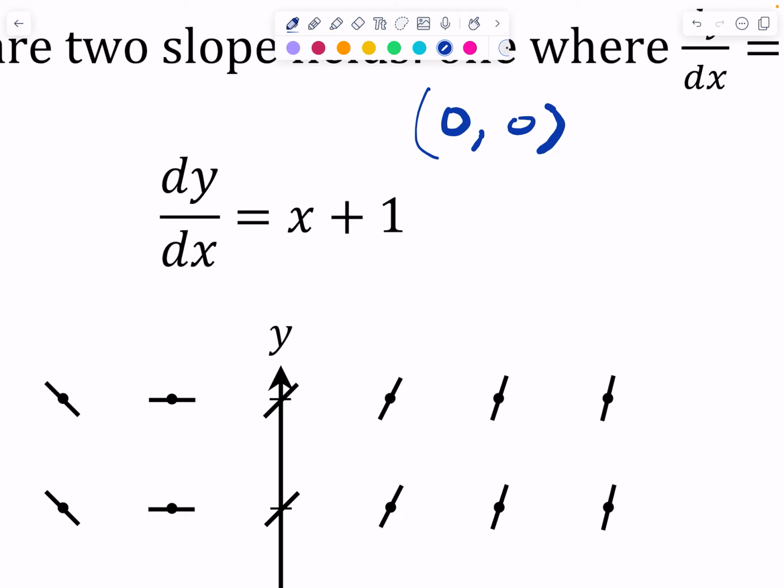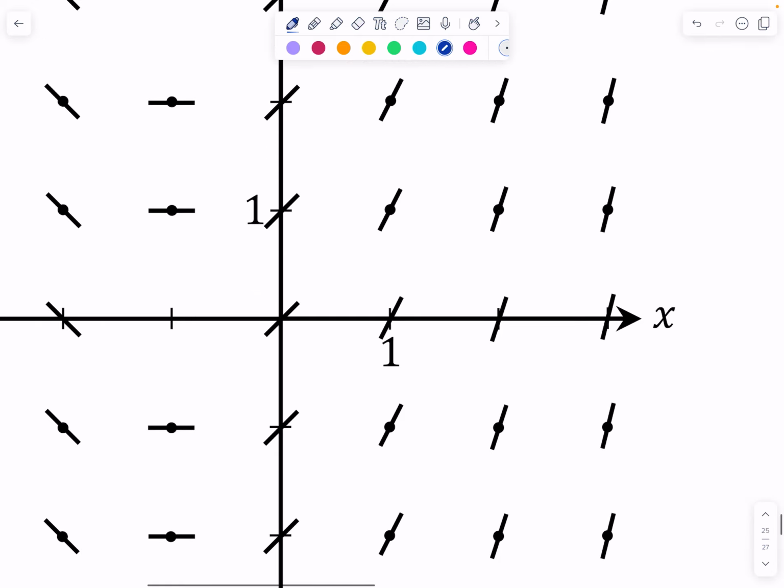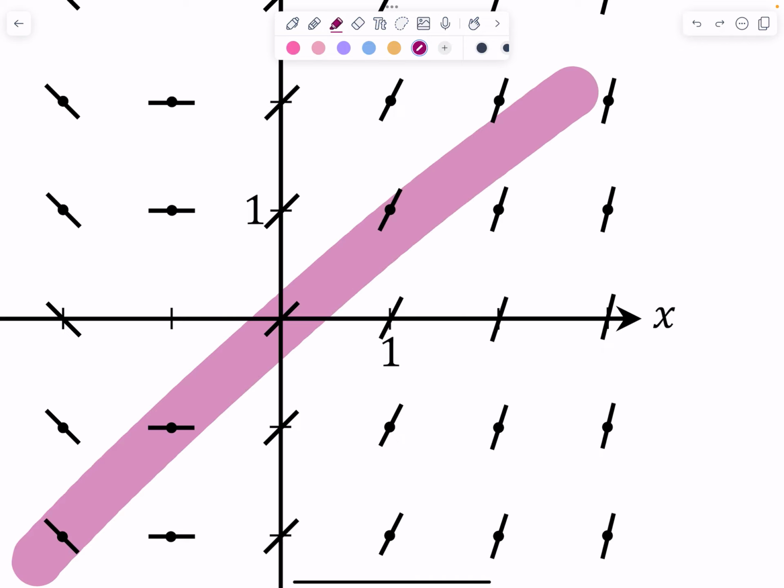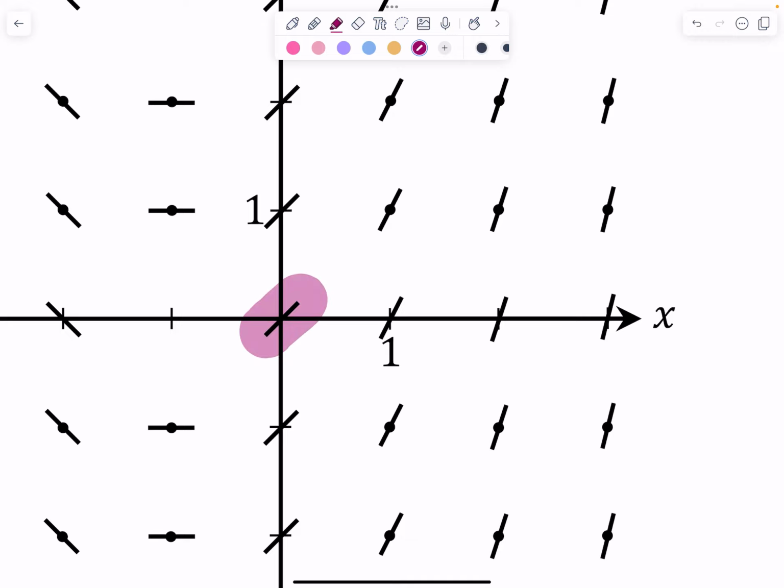At 0, 0, we would have 0 plus 1, and the slope at that point would be 1. And if we check out the point 0, 0, we've drawn a little segment that has a slope of 1. So it's not like a full-on line. We're not drawing this all the way across, but just a little segment at that one spot.